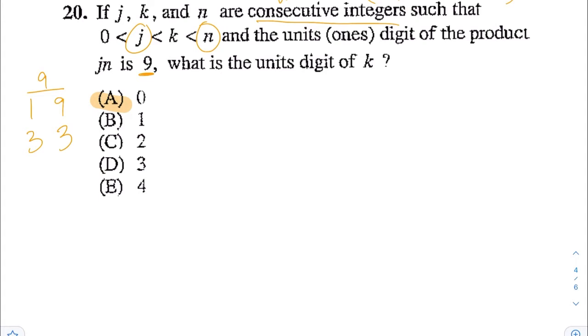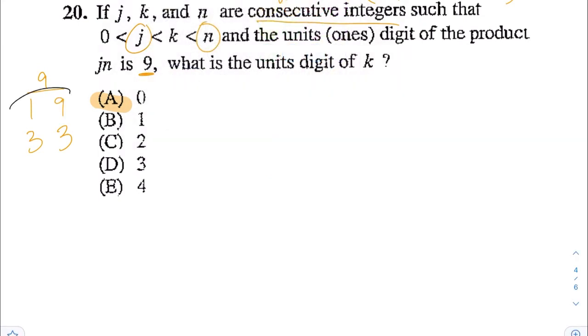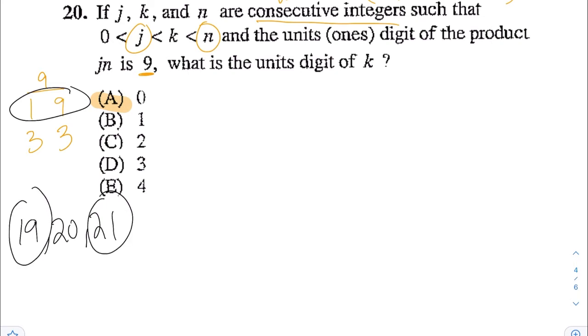The only way that this is possible where they're consecutive integers is if they were the first option, the 1 and the 9, because you can have something like 19, then 20, and then 21, where j and n, when you multiply them together, will have a 9 in the ones place.